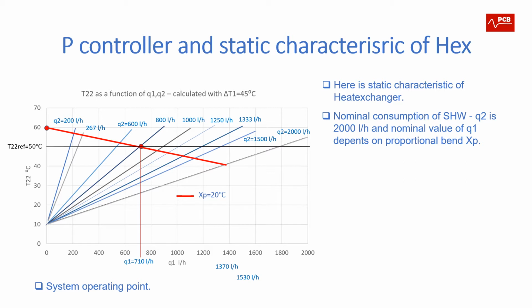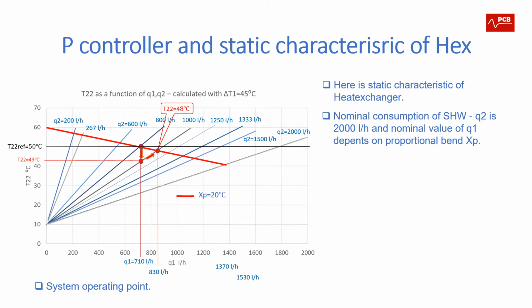If consumption increases from 800 liters to 1000, there is an error. And the controller opens the valve in order to reduce the error, but it doesn't eliminate it. So there is still an error of 2 degrees.